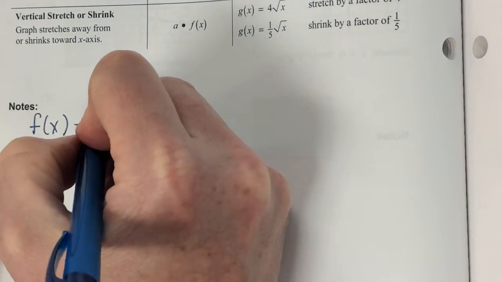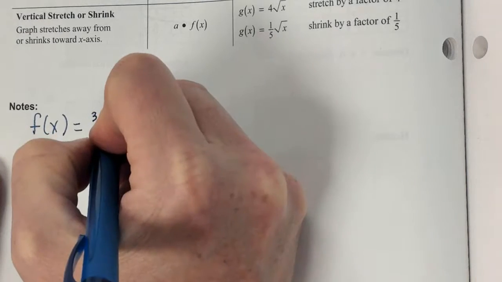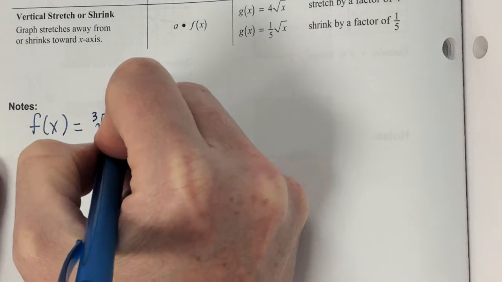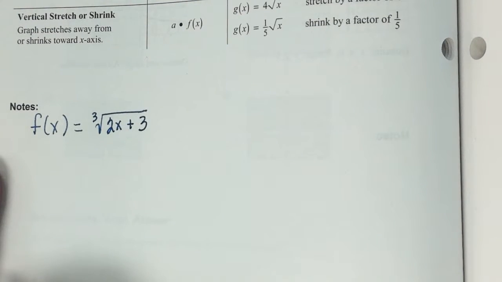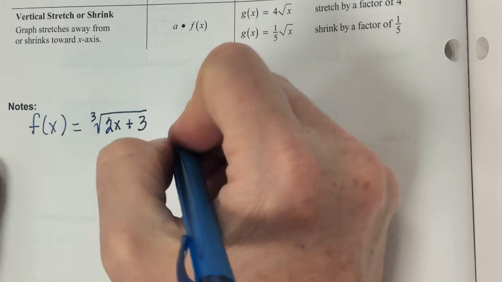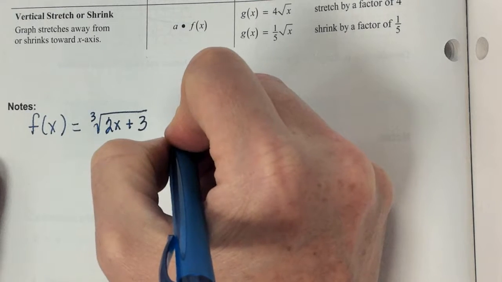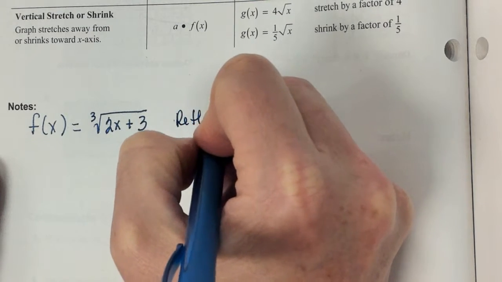So let's say that we have the cube root of 2x plus 3. And for this problem, we're going to do a reflection. We're going to do all the difficult things.